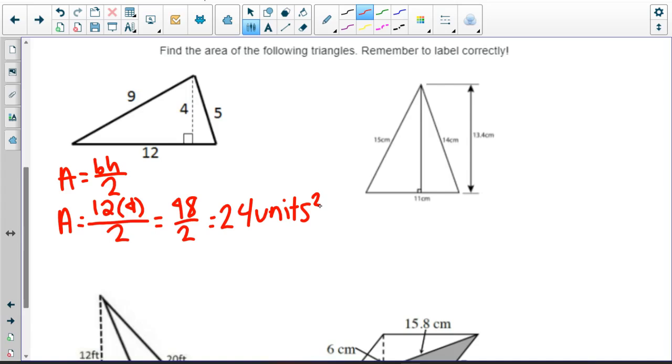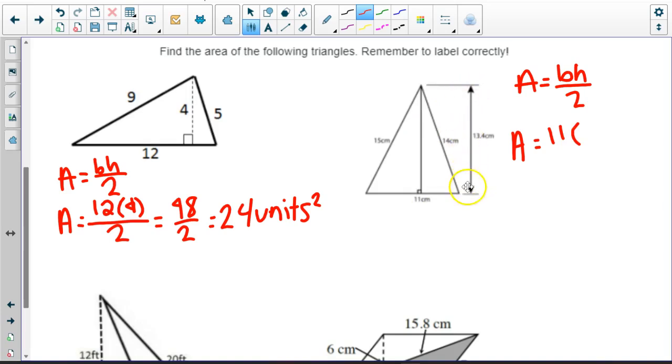Go ahead, pause the video and try the second one. Okay, so first we write our formula. Area is equal to base times height divided by 2. Our base here is 11. Our height is this line, because it's associated with that right angle, but they showed it on the outside.